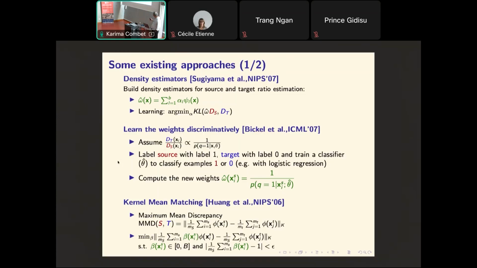Or you could also change the divergence, like the maximum mean discrepancy here, which measures the difference of two distributions according to a kernel here, and try to learn a weight that minimizes this divergence. Okay, so the idea is take a divergence and try to learn a weight that minimizes the divergence.